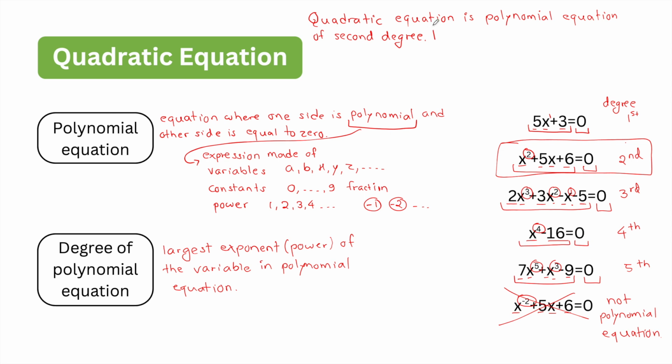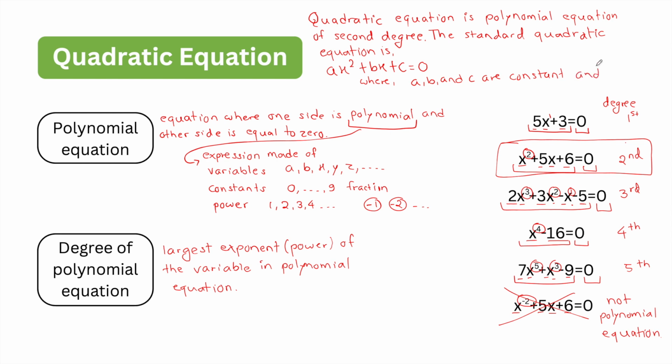For example, the standard quadratic equation is ax square plus bx plus c is equal to 0, where a, b and c are constants and a is not equal to 0.